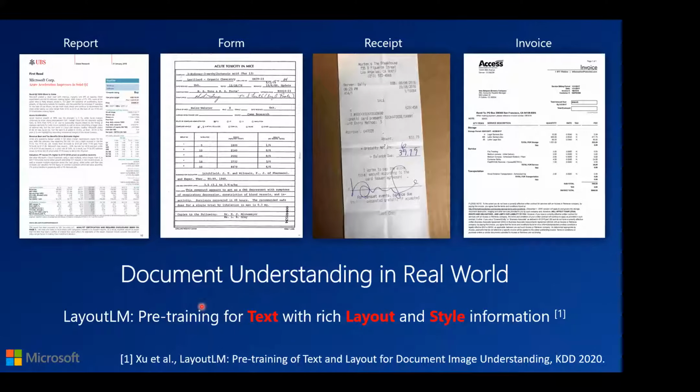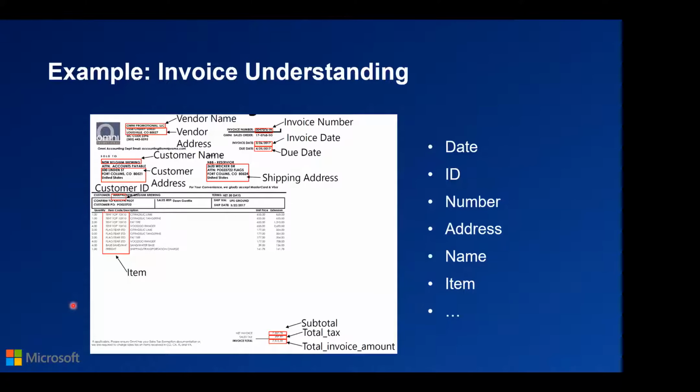The approach that I'm going to talk about today is probably quite famous in this community. It's called LayoutLM. The full name is Pretraining for Text with Rich Layout and Style Information, published in last year's KDD. The input of document understanding can be a report, form, receipt, invoice, all kinds of different shapes. It's actually very complicated. Just to give an example, let's say we want to extract information out of an invoice.